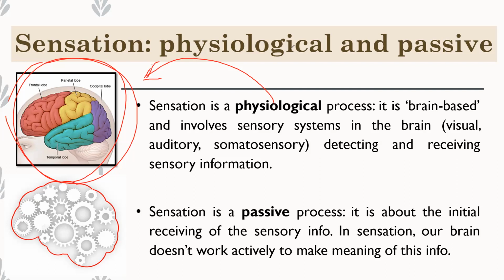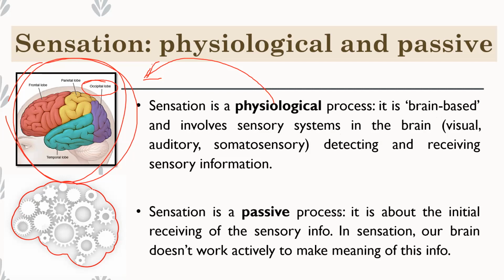And that occipital lobe, the purple colored lobe there in the picture at the back of the head, is so important for determining your vision and your visual perception. Without that, you're basically blind. You can't see. So that's brain-based, and that involves the sensory systems. That's why sensation is physiological, because it involves the brain.